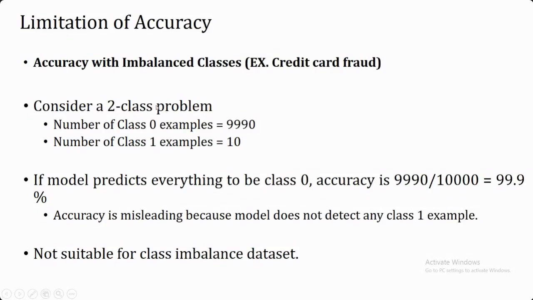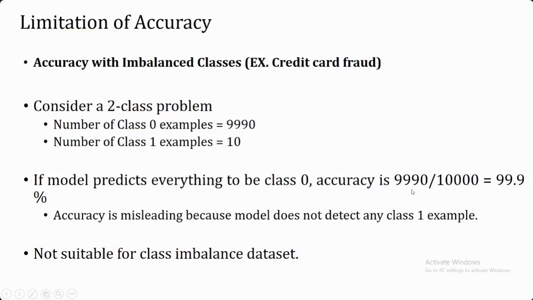Like here in this case, suppose we are having this number of instances. Out of these, 9990 are part of class 0, and only 10 are part of your class 1. If we calculate the accuracy for this model, suppose none of the instances has been classified correctly for class 1, but all of the instances of class 0 have been classified correctly.